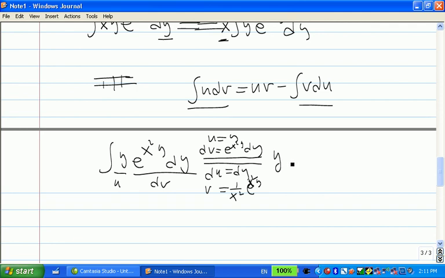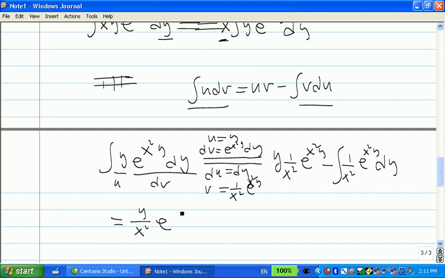u times v. u is that, v is this, e to the x squared y. Then minus integral of v du. v is this. What is the du? dy. So this is equal to y over x squared e to the x squared y minus the second integral.